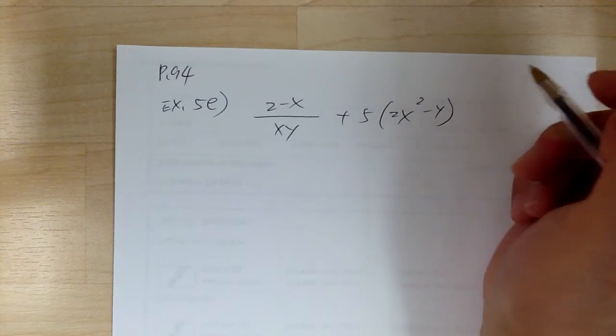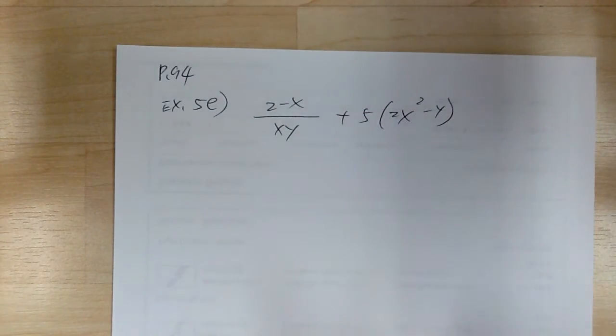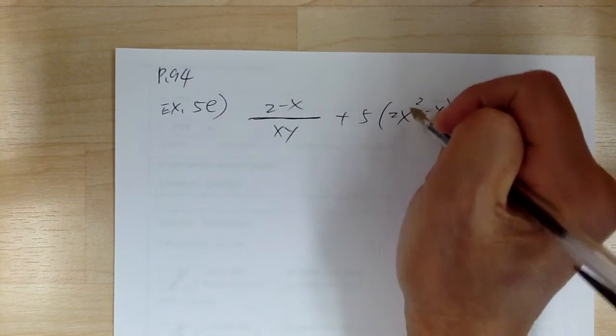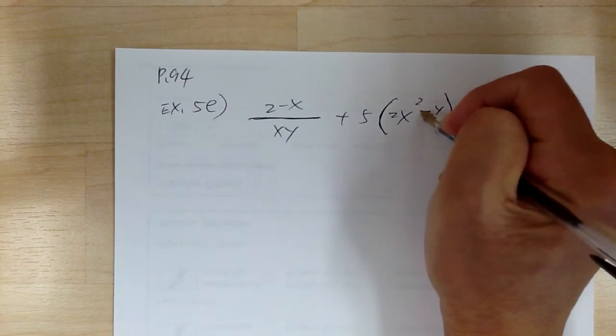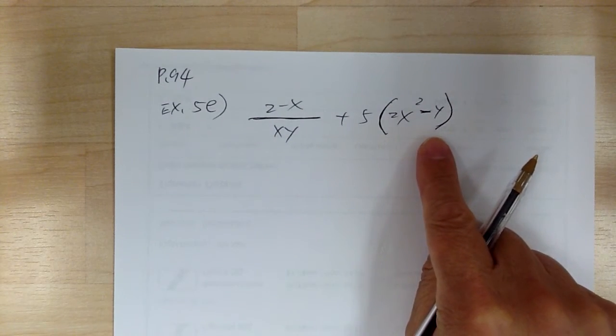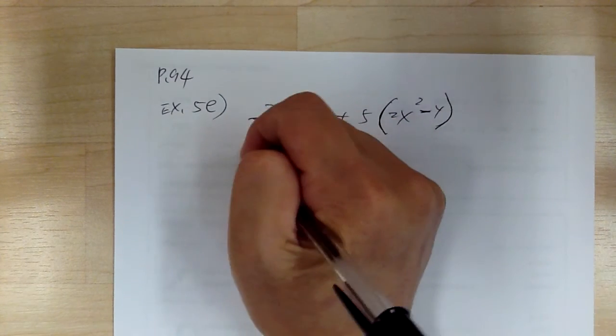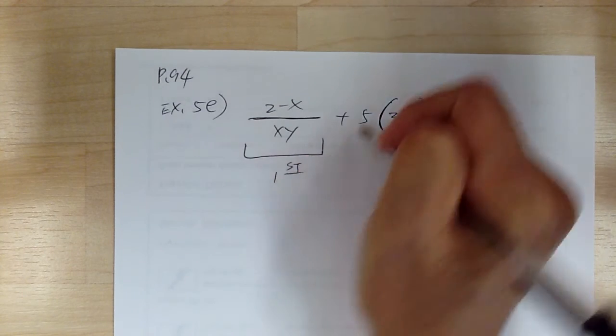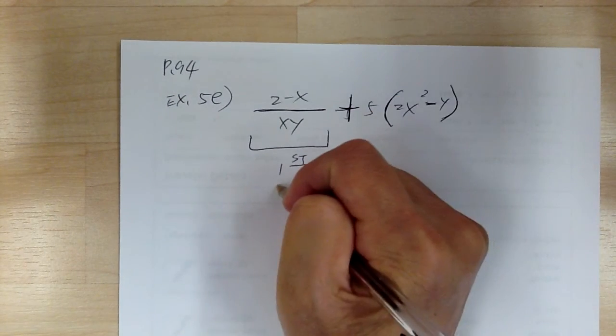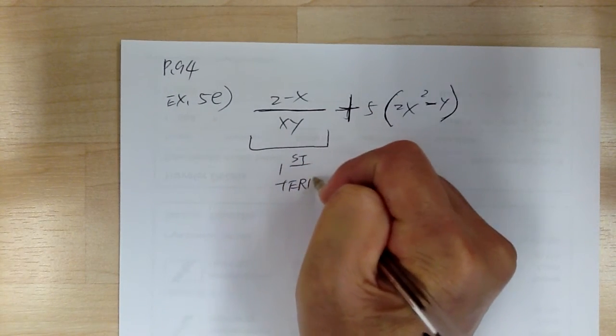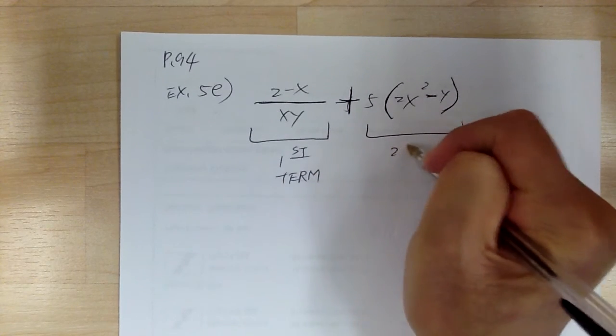Over here, this is a grouping symbol. This is a grouping symbol. The addition and subtraction in the grouping symbol gets negated, so it doesn't count. So this is your first term, because here's your plus, and this is your second term.